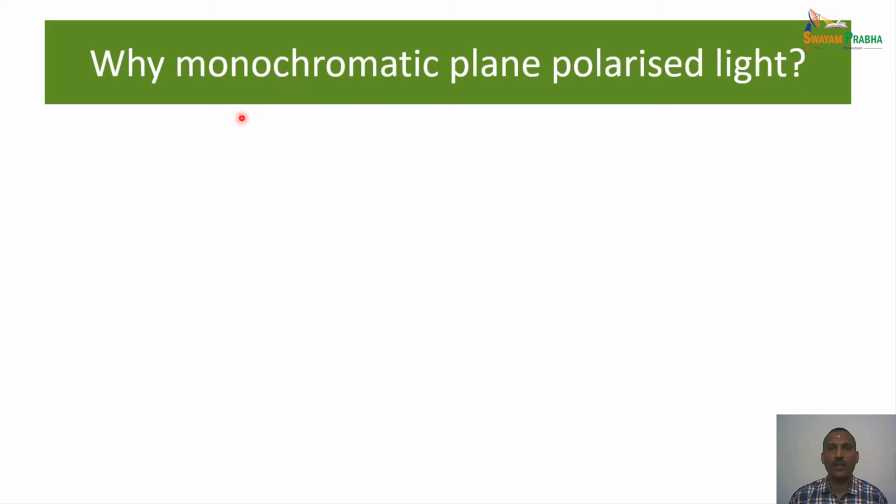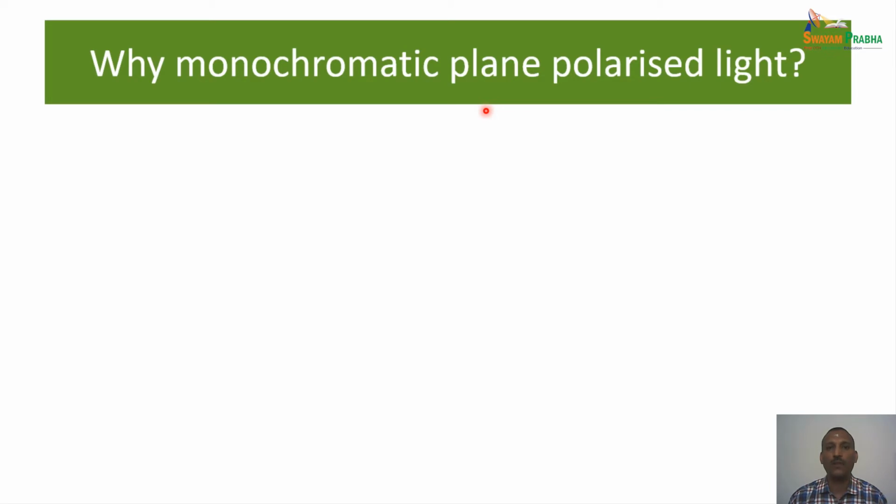The next question in our mind is, why do we need to use monochromatic plane polarized light? Why not use normal light? Because normal light has two major components, as we mentioned. It is polychromatic, that means there will be various wavelengths in that electromagnetic radiation, and the second is that it goes in all directions.